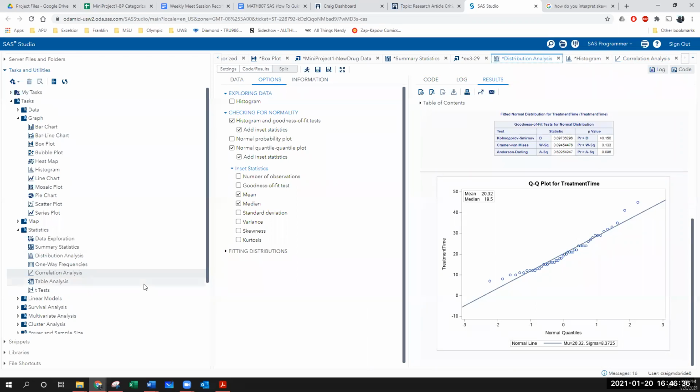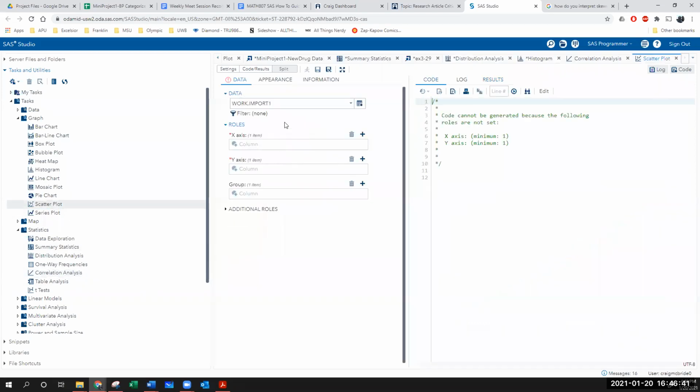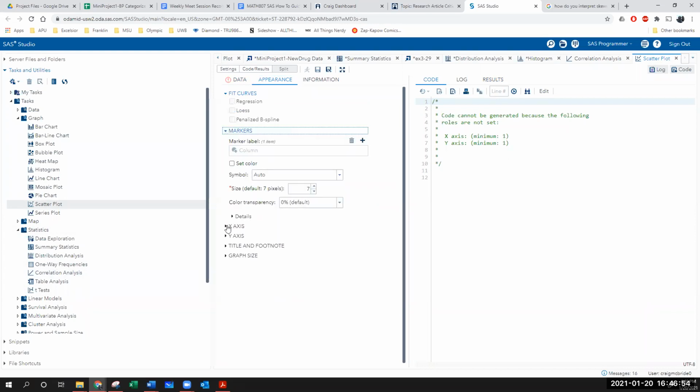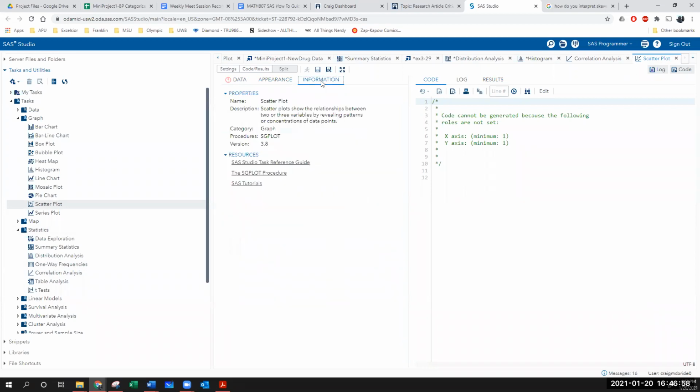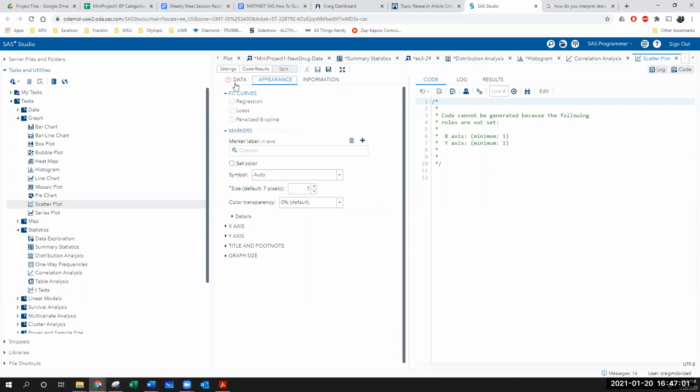But it's totally fine to just run the scatter plot this way, and then run the correlation analysis the other way. Yeah, you can fit a regression line, but I didn't see anywhere in here where you could get the correlation out of it. I thought there was a way to do it, but don't waste time trying to figure that out unless you got nothing better to do.